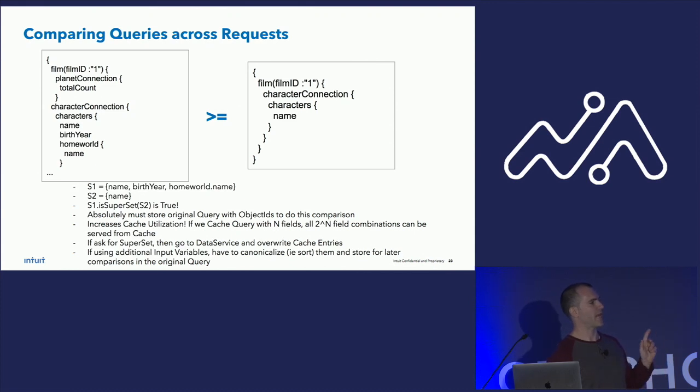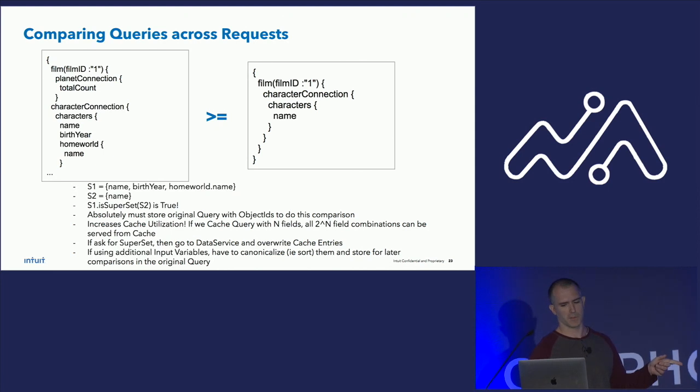At this point, having shown the structure I showed you previously, and storing the original query that originated that structure, which is a very important point, we can do set comparisons. If you take all these fields and say, you know what, I don't really care about objects, I just care about film.planetConnection.totalCount, film.characterConnection.characters.name, you just look at them like strings, really.